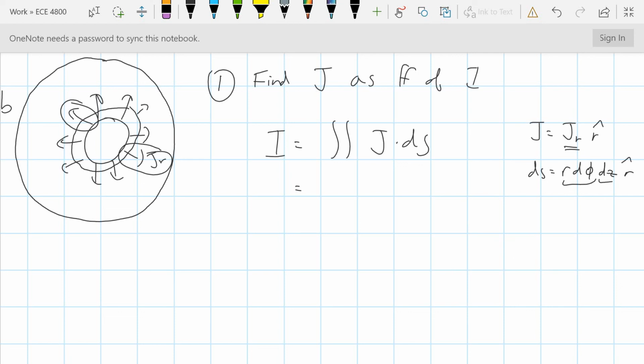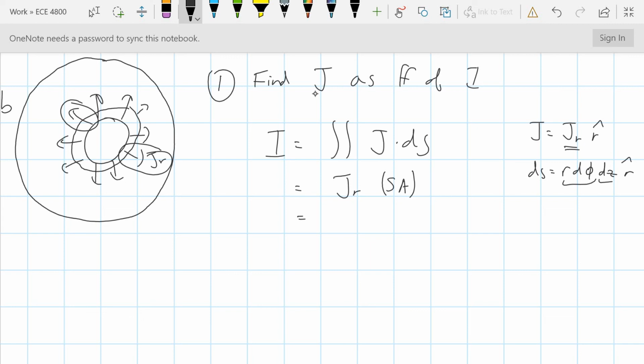All right, so this is going to be J times, I should just show you. If we know that J is the same everywhere, we can just say that this is going to be equal to J sub r times the surface area. What's the surface area of the cylinder? 2 pi r squared plus 2 pi rh. 2 pi rh. The surface area of the outer shell of a cylinder is 2 pi rh. Just the outer shell of the cylinder.